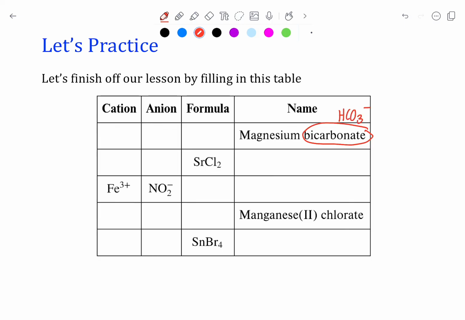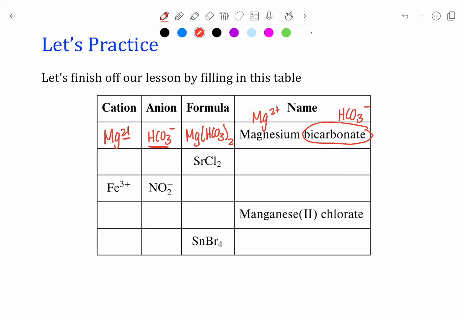If you look on your list, that's where it is. Magnesium is Mg2+, so those are our cation and our anion. So our formula would be Mg(HCO3)2, because I need 2 of these HCO3 minuses to balance out the 2+ charge of the magnesium.